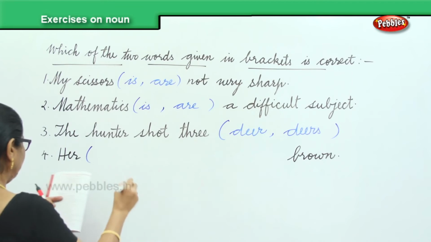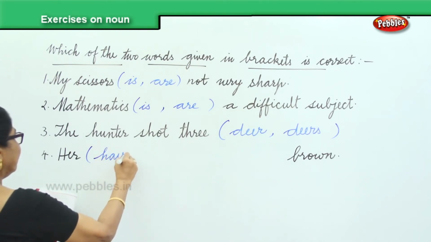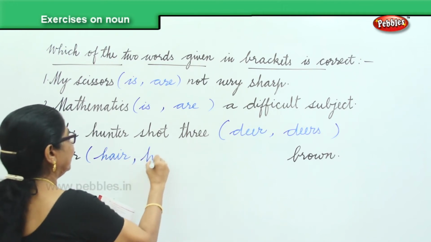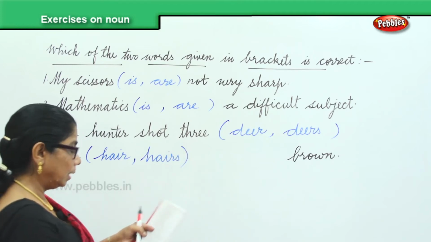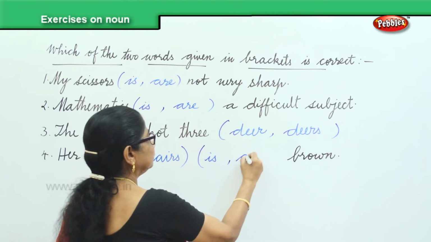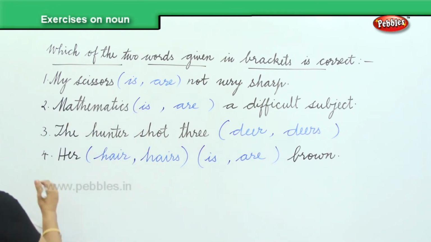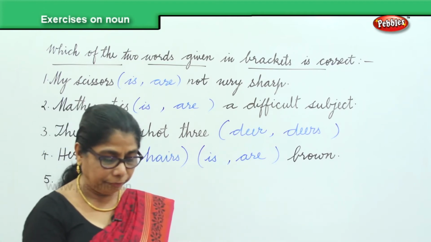Her, we have hair, then we have has, another 2 are S and R. But all the words, when it comes to striking off which one, we must be careful.